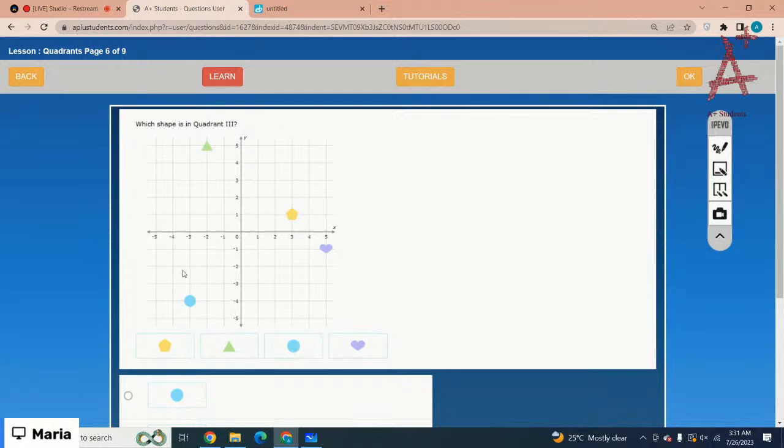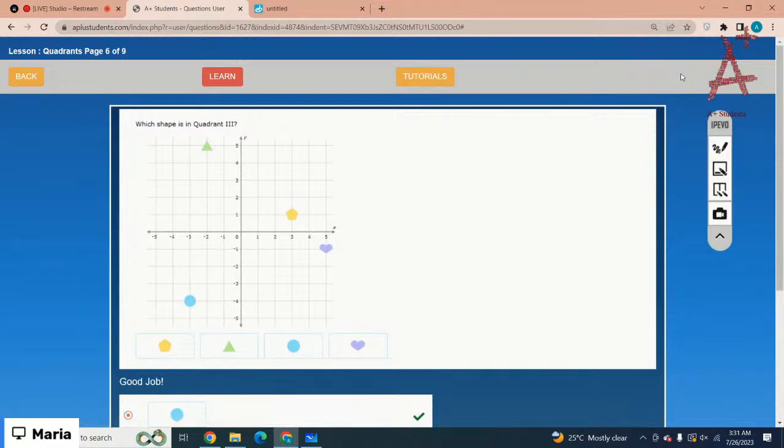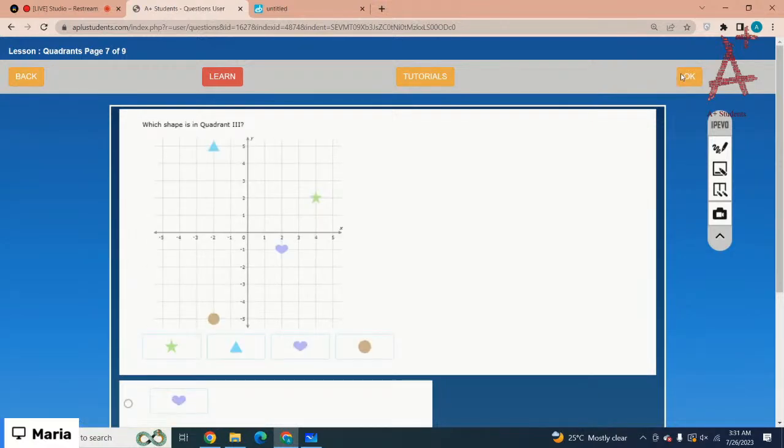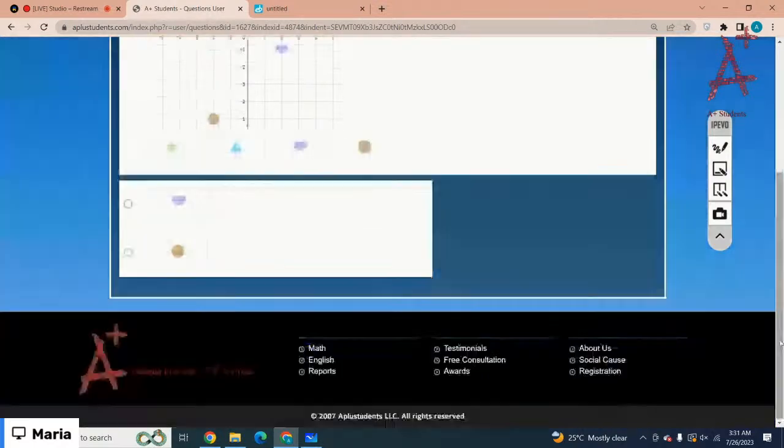In quadrant 3, you have a circle, so option number 1 is the correct option. Which shape is in quadrant 3? One, two, three. In quadrant 3 you have the circle, so the correct option is circle.